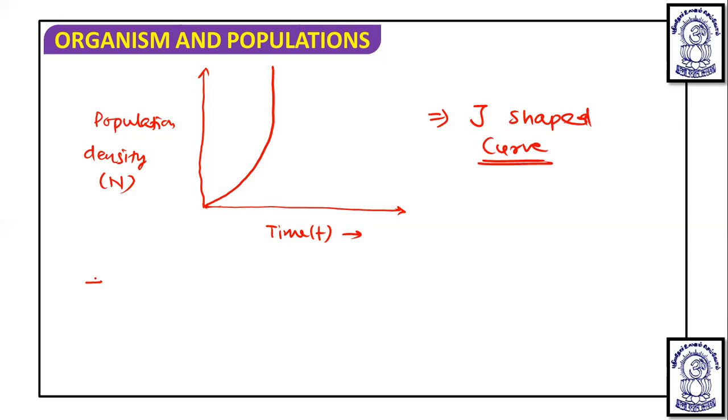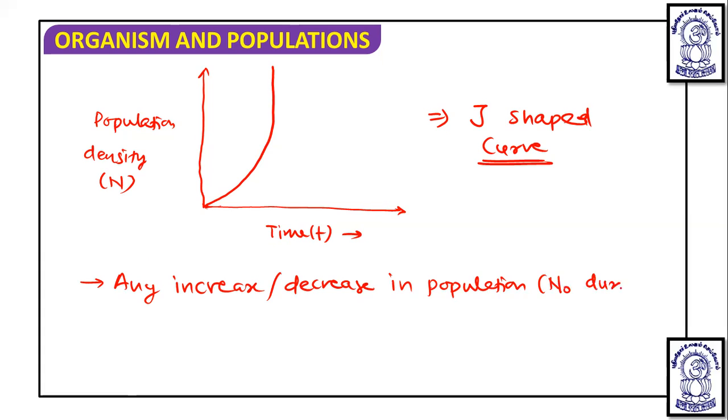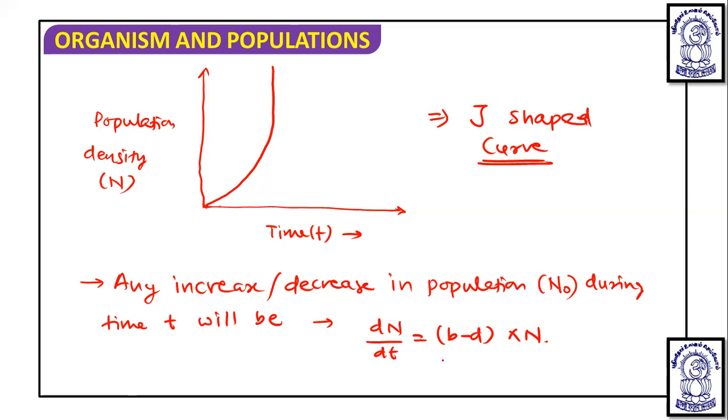Okay, so here it is known that any increase or decrease in population, that is N0, during time t will be dN/dt is equal to (b minus d) into N. Here b is the per capita birth rate and d is the per capita death rate.